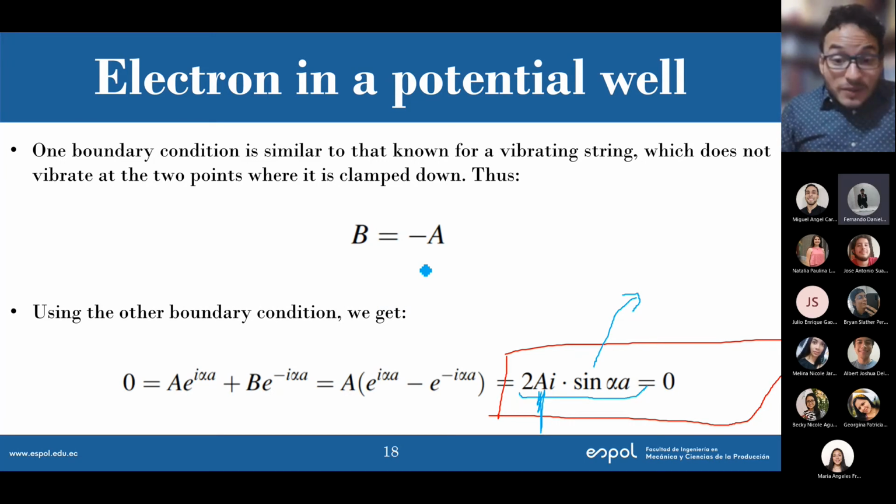A is not going to be 0 because A is a value, but I need the sine of the product alpha times a to be 0. And as Jose said, which is perfect, for that to be 0, it can be sine of 0, or it can be an integer multiple of pi, right?